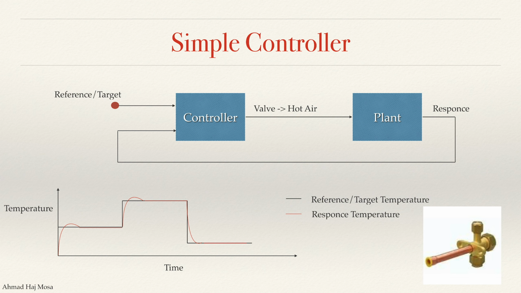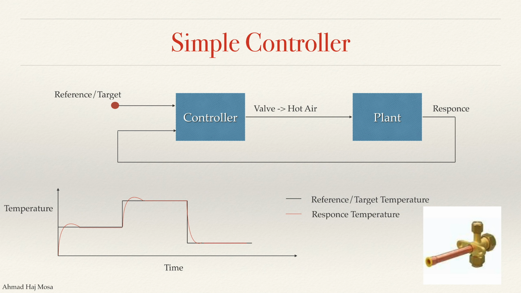Our reference here, basically, we have the plant, which is the model that takes, for example, how much the valve has been opened, and the response is the temperature. This is the plant, which is the model of that. We need here a sensor that measures the current temperature of the room and sends it as a feedback loop to the controller.